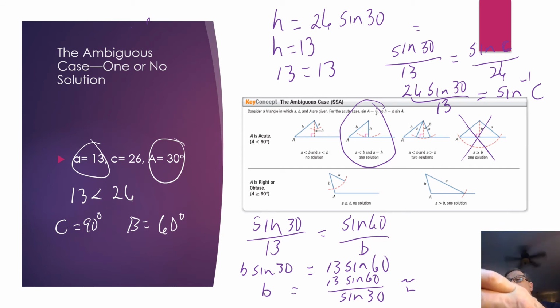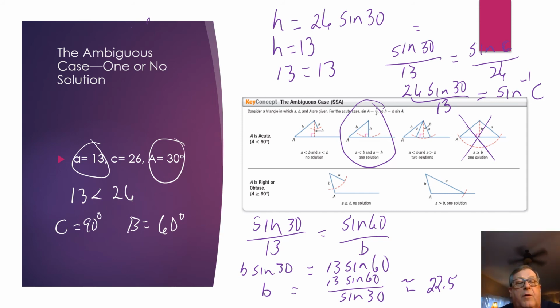All right, 13 times the sine of 60 divided by the sine of 30. And that equals, rounding to the nearest tenth, 22.5. All right, so what is our solution to this triangle?